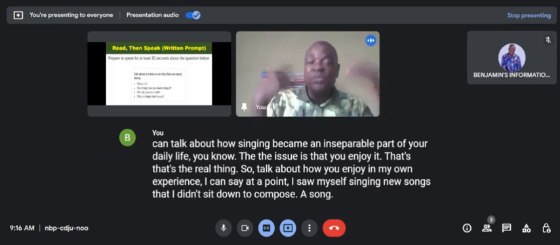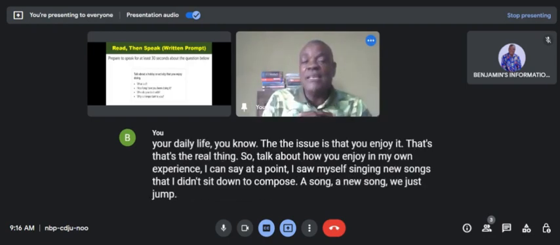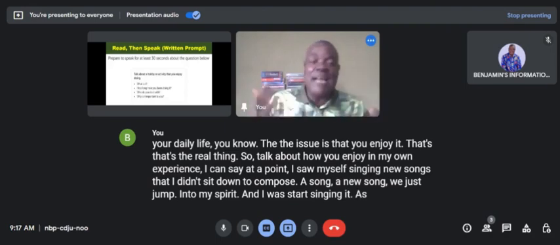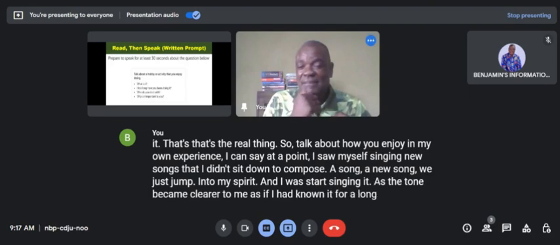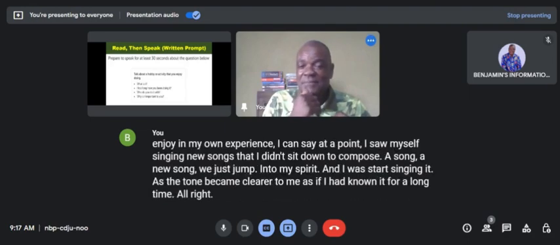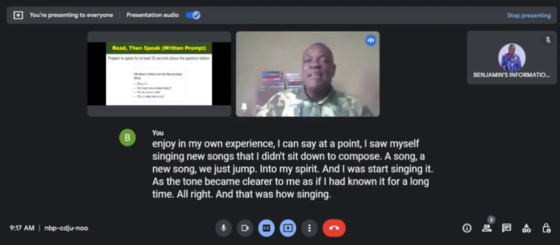A new song would just jump into my spirit, and I would start singing it as the tone became clearer to me, as if I had known it for a long time. All right? And that was how singing became a major part of my daily life.